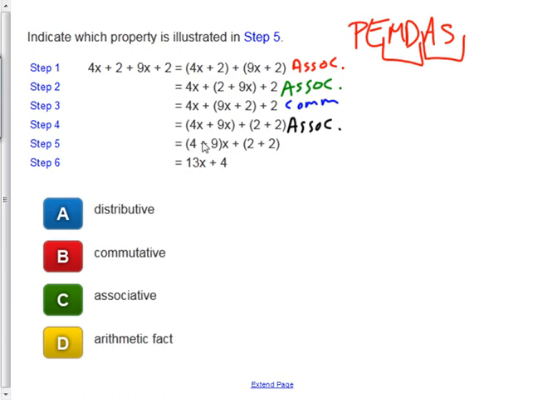Okay, now we're down to step 5, and this is what our question is actually asking. Step 5, it says 4 plus 9, and now we have the x outside. So really we took these two x's and we moved it out here. Okay, and so now it sits right there.